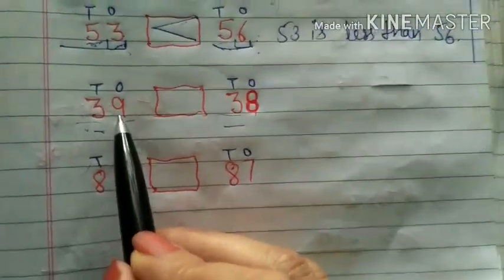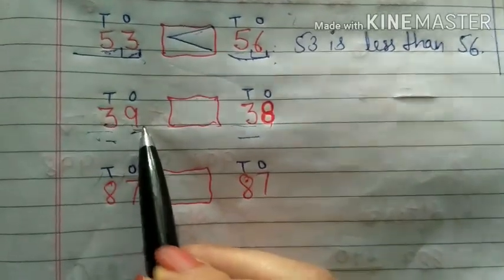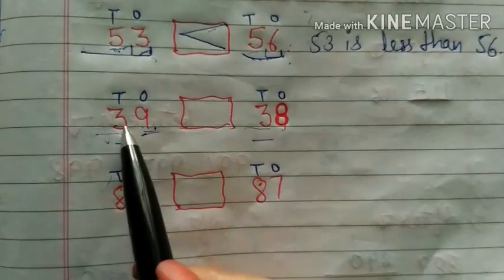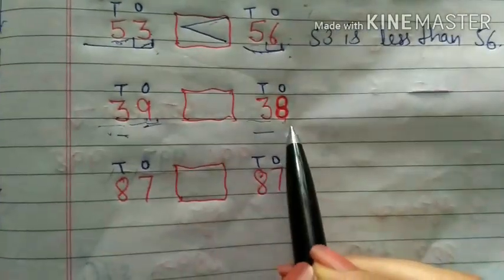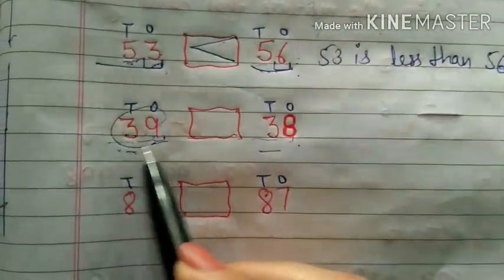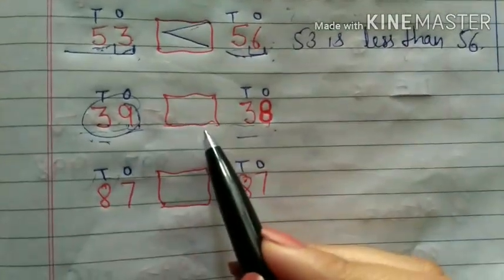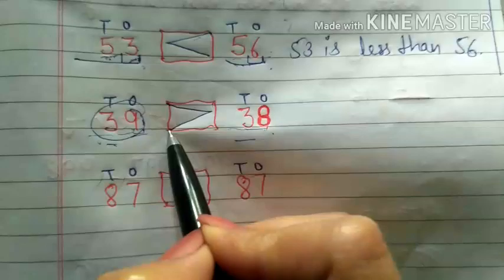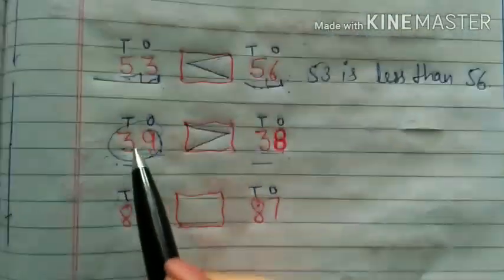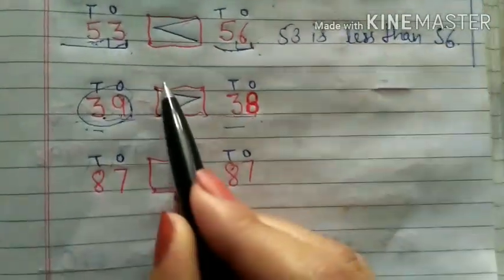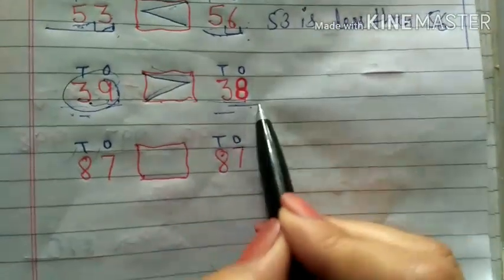Check the ones place number. Here I have 9 and here I have 8. So which one is the bigger one? Yes, 9 is bigger than 8. That means 39 is bigger than 38. So we put the sign. Read with me, 39 is greater than 38.